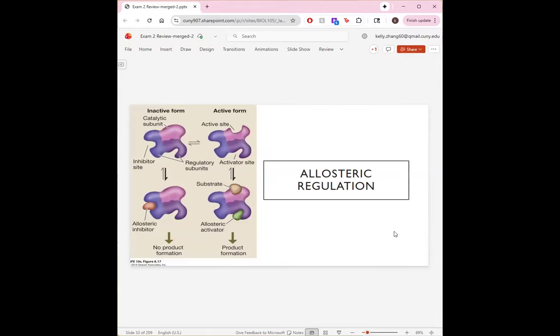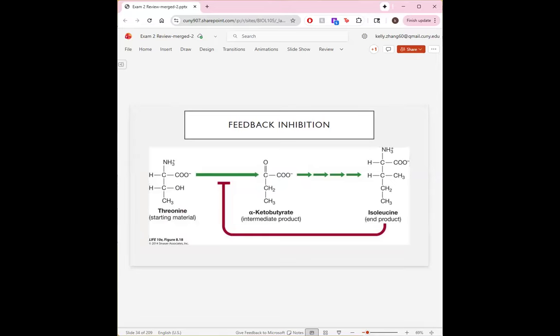We have allosteric regulation. The change in enzyme shape in non-competitive inhibition, what we just went over, is an example of allostery, where some enzymes can assume multiple shapes. When bound to an activator, they assume the active form, and when bound to an inhibitor, they assume the inactive form.